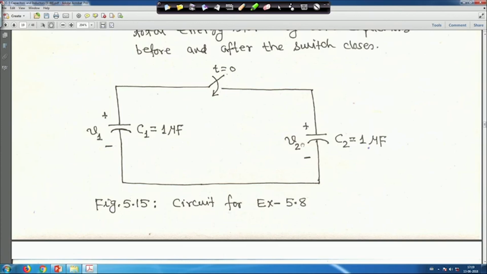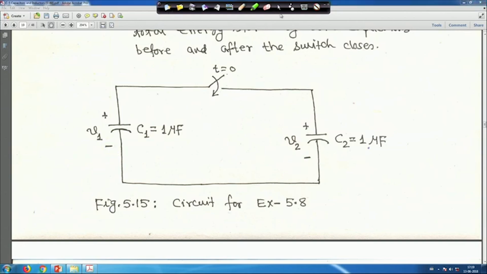So, for this one it will be half C1 V1 square, that is half into 10 to the minus 6 into 100 square, because V1 is 100 given, and here it is 0, right.